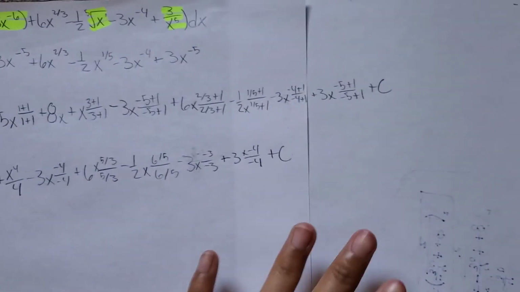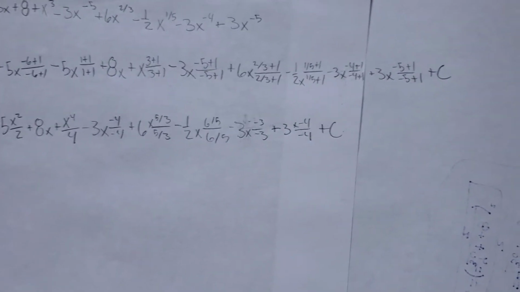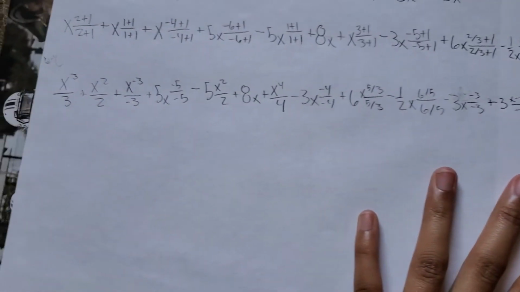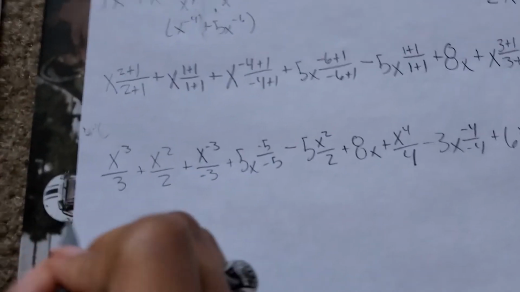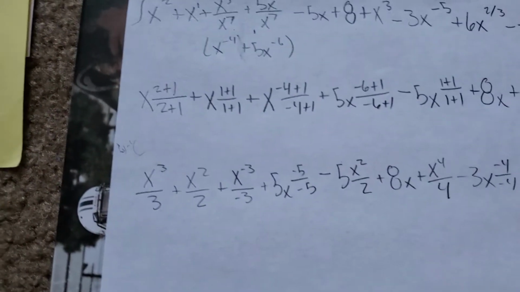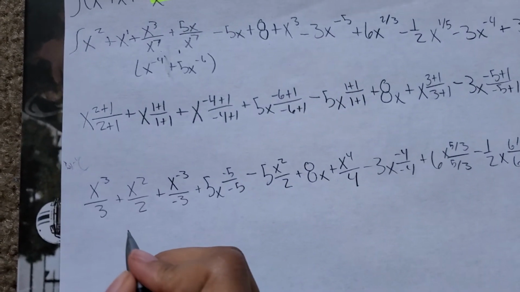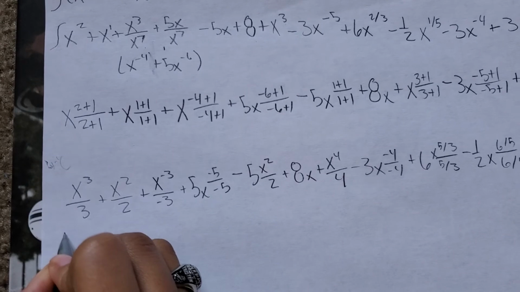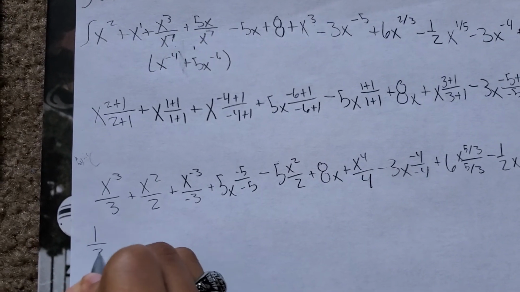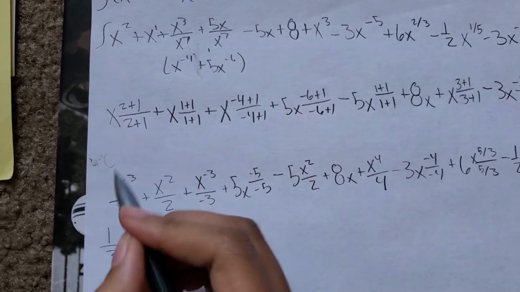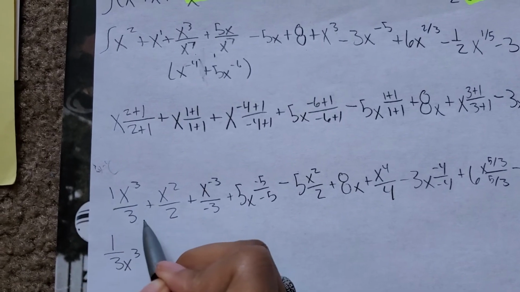So now what we're going to do is simplify it, kind of. We're writing it in a different form of a fraction, so we're doing 1/3 x to the square because there's a 1 in front of the x.